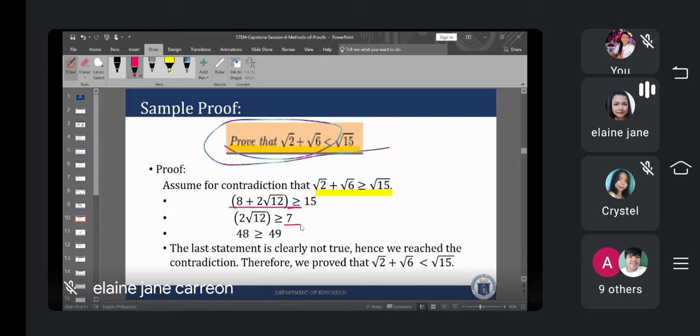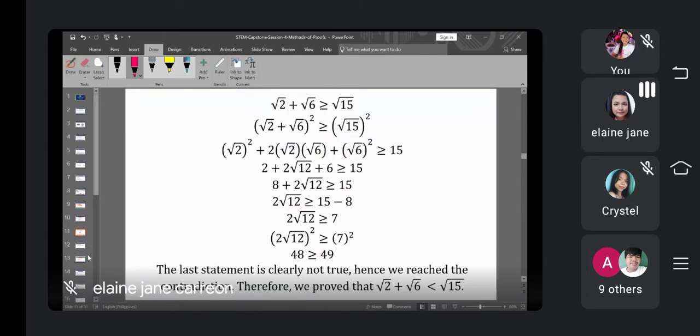Saan nanggaling si 7? And then, naging 48, tapos, is greater than or equal to 49. So, let's have this in our detailed solution.